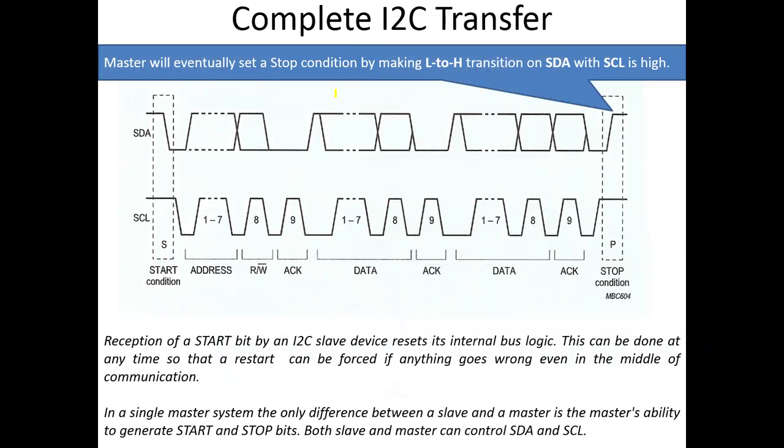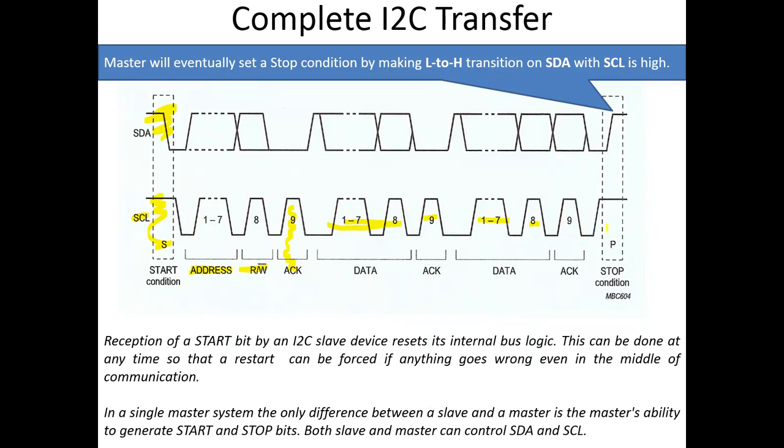So this is an example of data. This is the start condition. The data goes low while the clock is high. Then the master has to send the address and the read-write bit. Then the slave has to make the acknowledgement. Then we have sending the data, then acknowledgement, sending the data, acknowledgement, sending the data, acknowledgement.